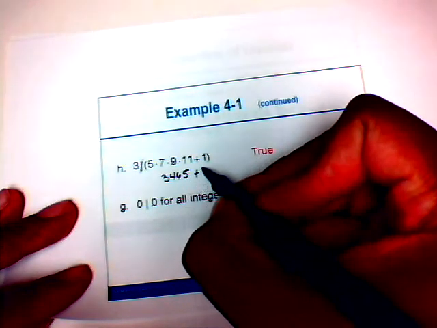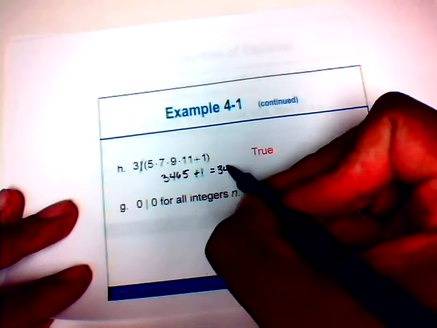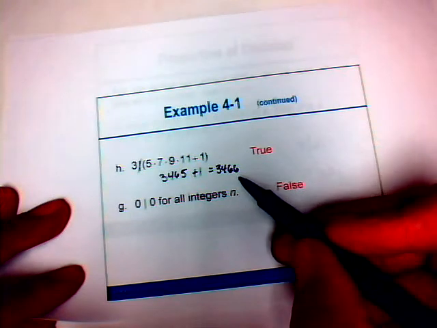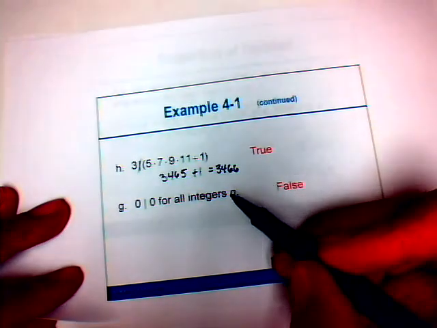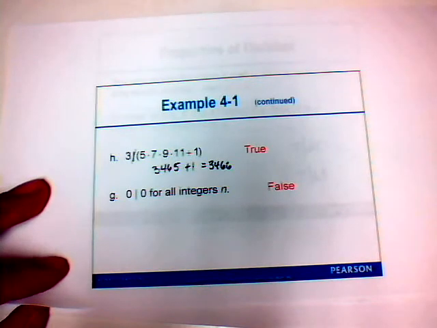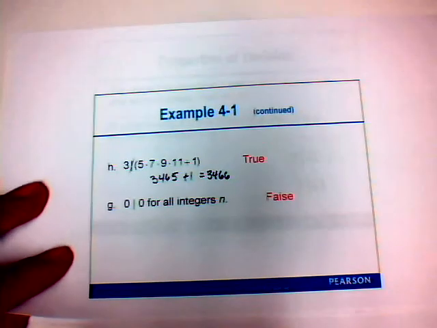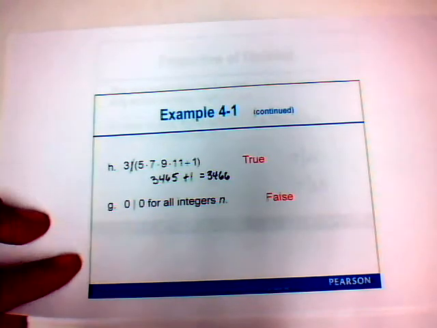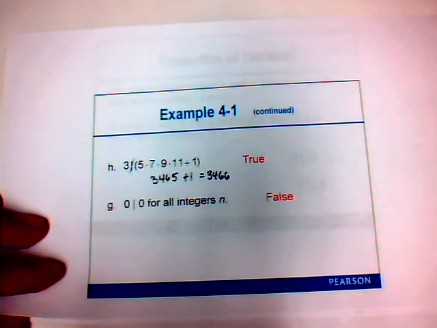And if you add 1, you're going to get 3,466. And 3 would not divide 3,466. You're going to get a decimal. So that would be a true statement. Also, 0 divides 0 for all integers n. That's going to be false because 0 divided by 0 would be undefined.